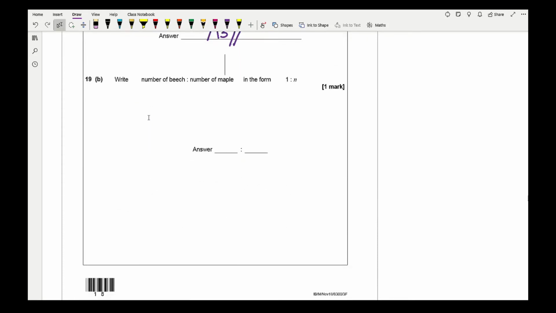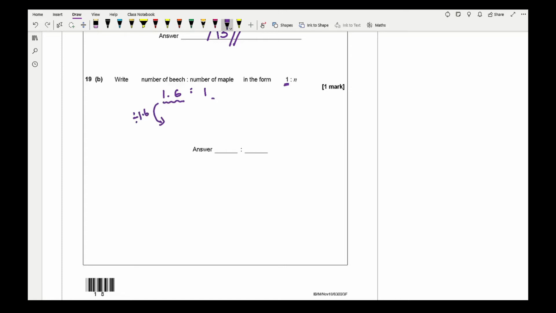And with question 19b, the question says write the number of beech to maple in the form of 1 to n. Now here, if I just write down the numbers next to it, it was 1.6 to 1. So you look at where the 1 is, and that's the one you want to make equal to 1. So how do I make 1.6 equal to 1? Well, I divide it by 1.6.